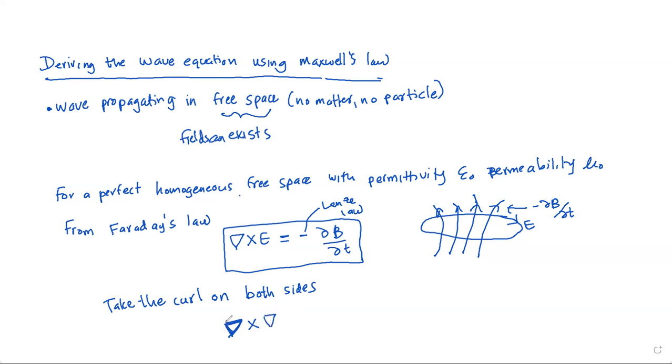This part we call the curl function, and then we are applying it onto this available equation. If we apply it to both sides, we put it inside the differentiation like this. So we have taken the curl operation, which means we are adding this cross product.